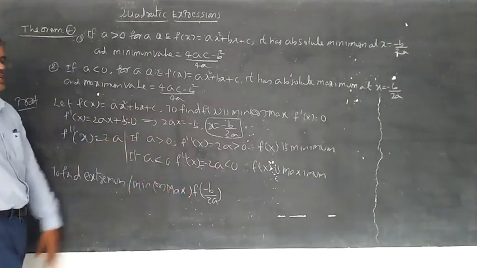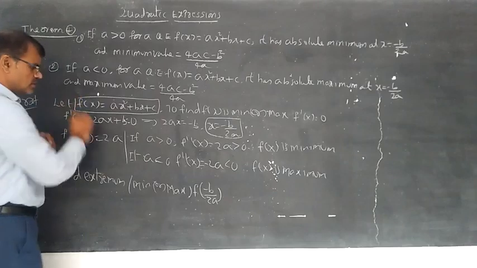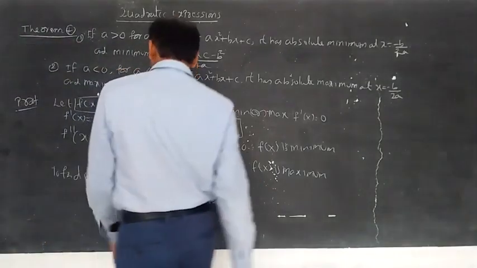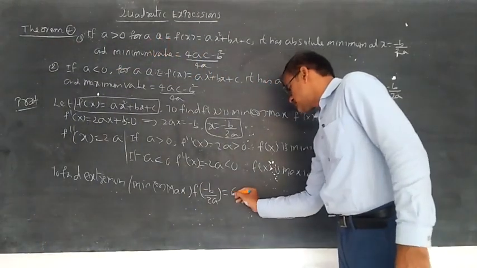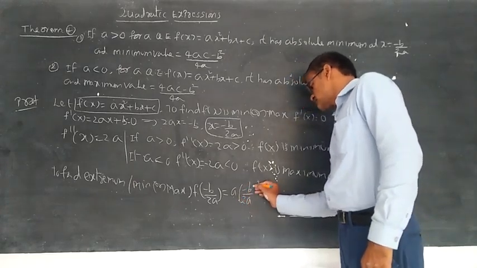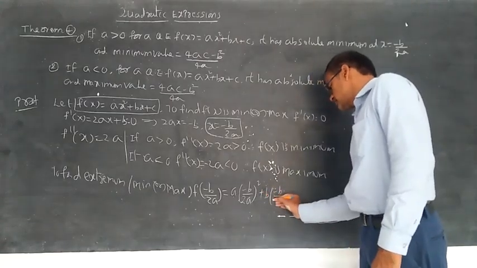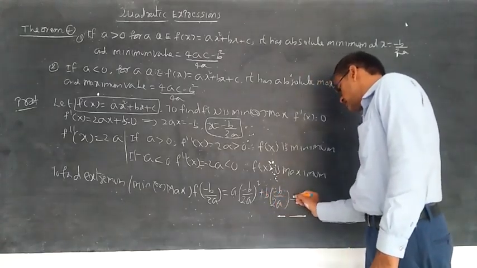So substitute minus b by 2a in f of x. Instead of x, substitute minus b by 2a: a into minus b by 2a whole square plus b into minus b by 2a plus c.